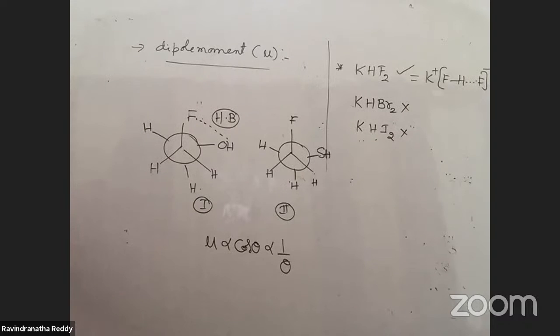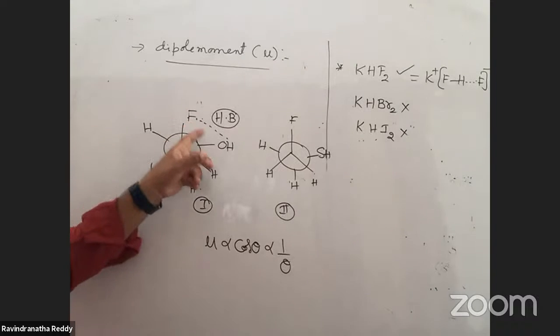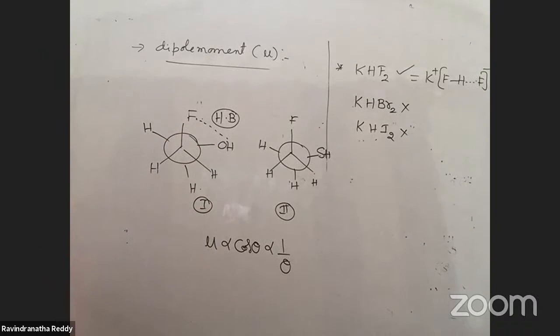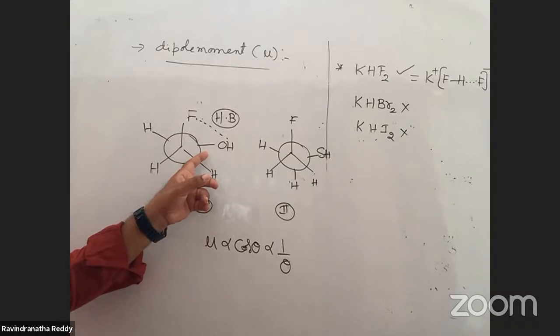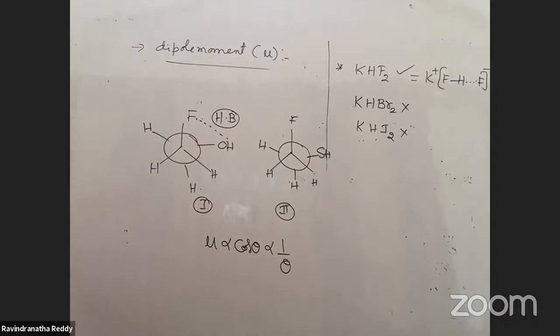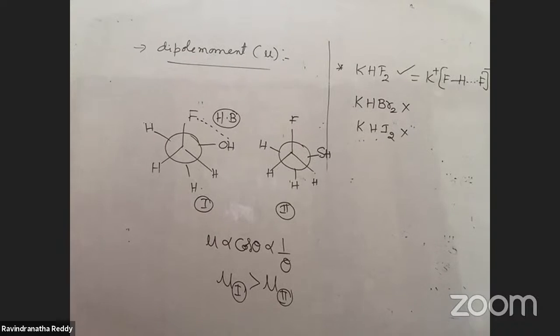Compound 1 and compound 2, where is the bond angle less? Compound 1 has the lesser bond angle. Why? Because hydrogen bond is there. Hydrogen bond is there, bond angle is less, dipole moment is more. So the dipole moment of compound 1 is greater than that of compound 2. Like that we can compare the dipole moment.